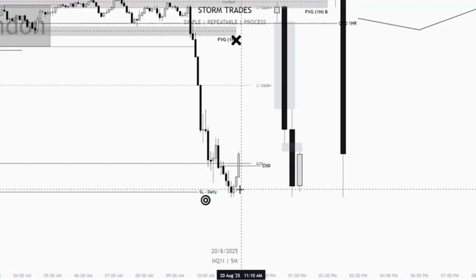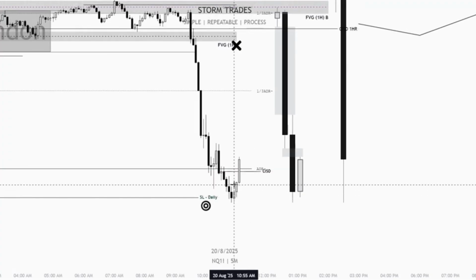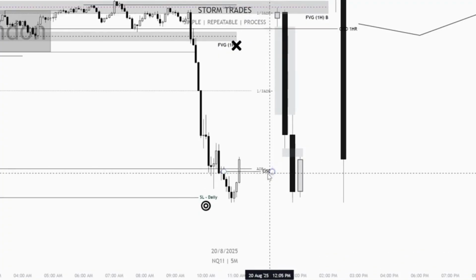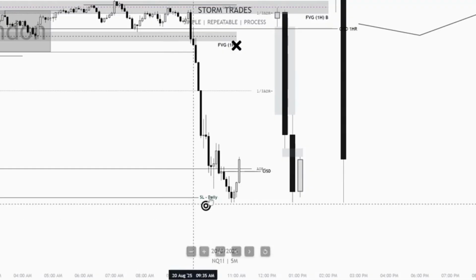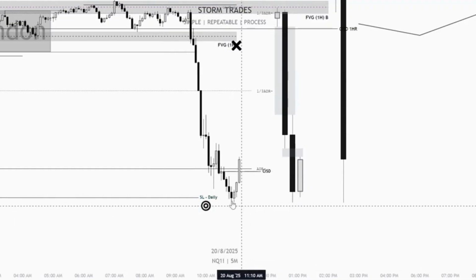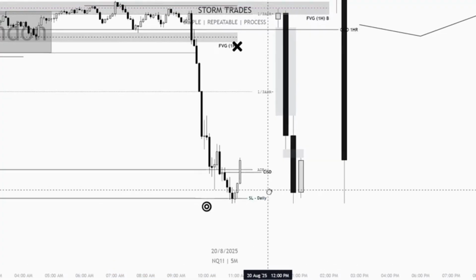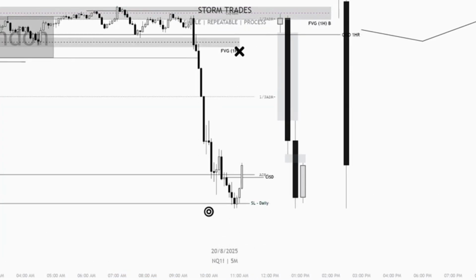We have a fair value gap here that is not even close to becoming tagged. The very next candle is even more bullish as we come through the series of down close candles that took the swing low liquidity. See this? That is beautiful.